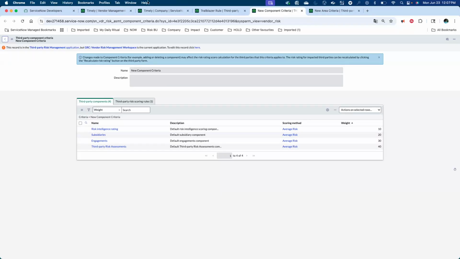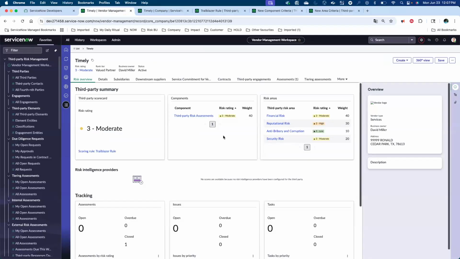But we know for Timely that there's only one component, that is third-party risk assessment. So that is the only component the system has to factor in. So really the weighted average here does not even matter as much. There's only one component here. So that is fully applied to your risk rating, if you will.